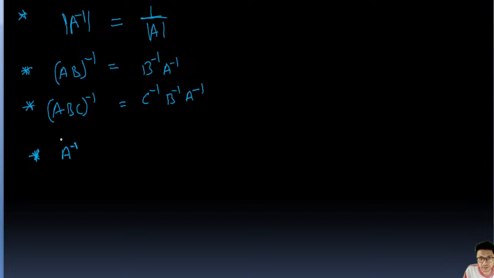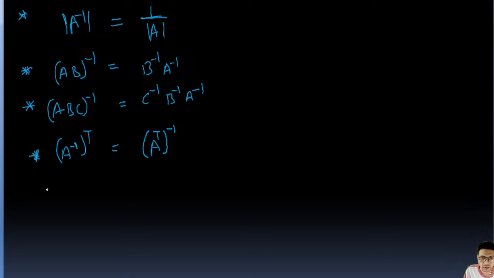The transpose of A inverse is going to be equal to the inverse of the transpose of the matrix. So the transpose of A inverse is equal to the inverse of the transpose of A. Very important property. So these are the properties of inverse matrix.